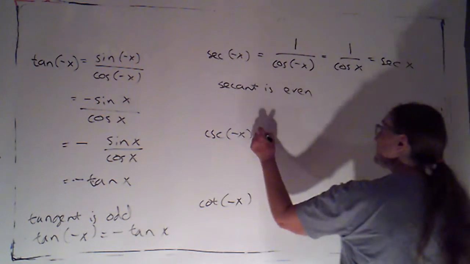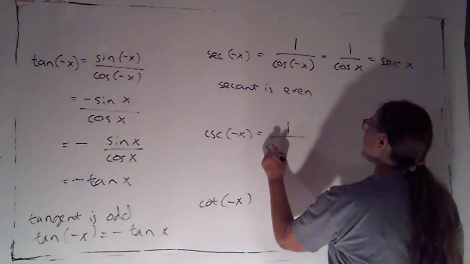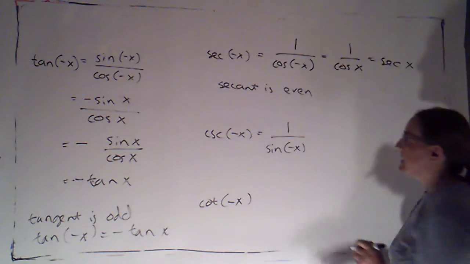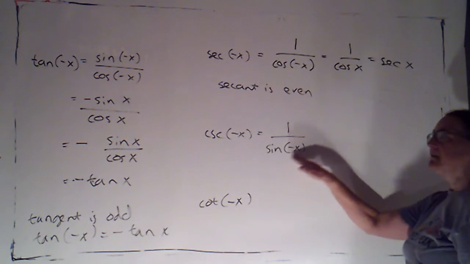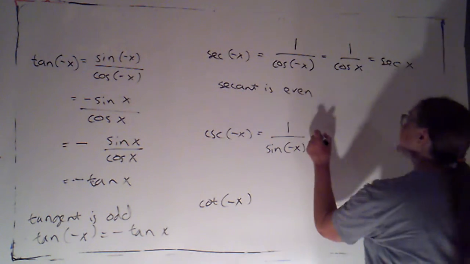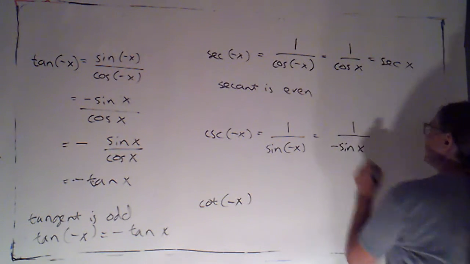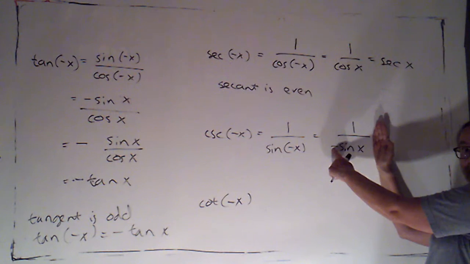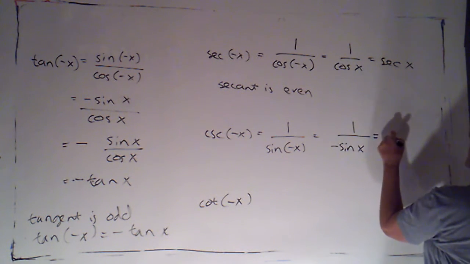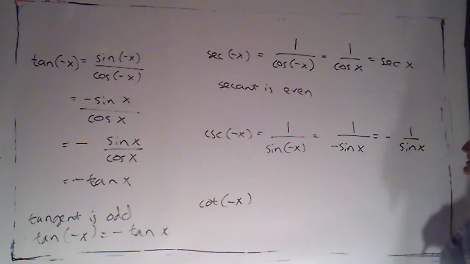For cosecant, I'm also going to use a reciprocal identity. I'm going to say cosecant is the reciprocal of sine. So cosecant of the opposite of x is the reciprocal of sine of the opposite of x. But sine is odd. So that's 1 over the opposite of sine of x. Notice here the negative sign is being associated with the bottom of the fraction. But again, I can just write that in front of the entire fraction and say this is the opposite of 1 over sine x.